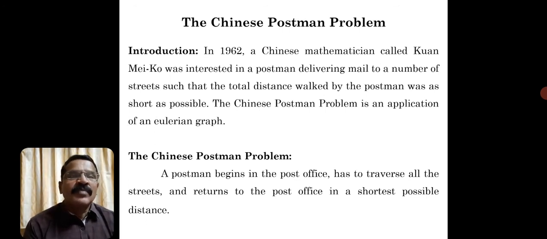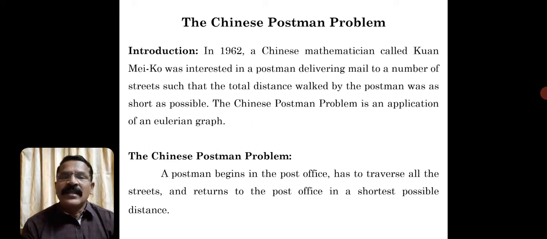The Chinese postman problem is an application of an Eulerian graph. The traveling salesman problem was an application of a Hamiltonian graph. So this is the brief introduction about the Chinese postman problem.